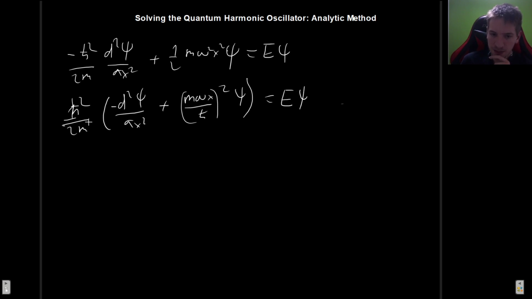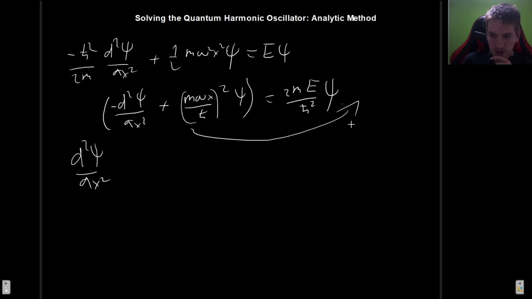Now we can basically divide by this term. Let me do it in the same line. This right here goes to the right side as 2m E divided by h bar squared psi. Now let us isolate this by subtracting.